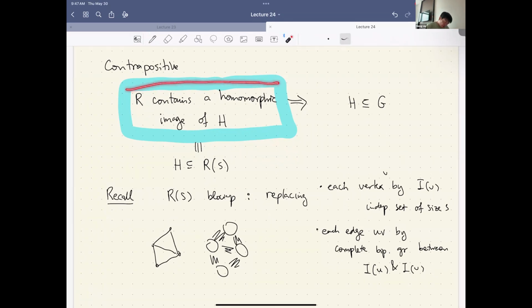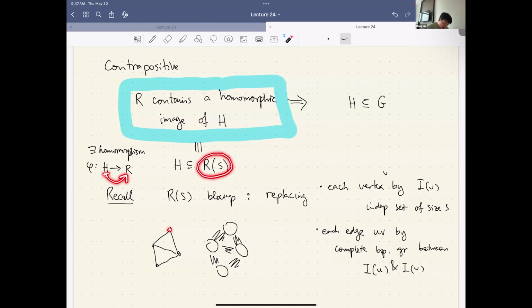So if R contains a homomorphic image of H, this is the same thing as saying H is contained in the blow-up of R by s. Because having a homomorphic image means there is a homomorphism phi from H to R. It might not be injective, since some vertices of H might get mapped to the same vertex, but it preserves adjacency of edges.